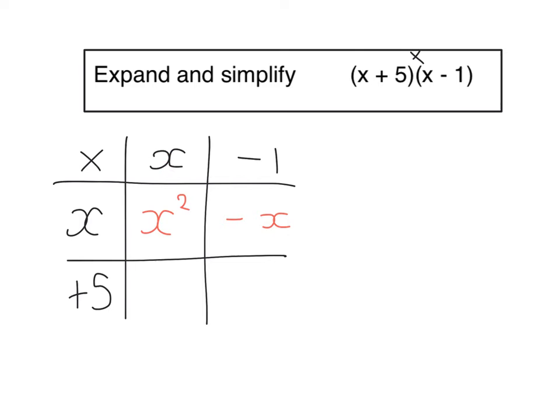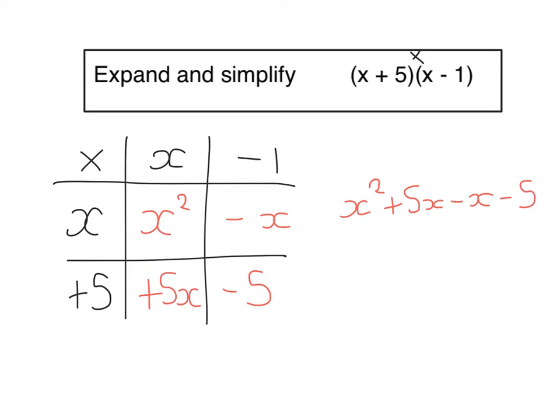Positive 5 times x is positive 5x. And then positive 5 times negative 1. Well, positive 5 times 1 is 5. 5 times negative 1 is going to be negative 5. So let's write them all out. X squared plus 5x minus x minus 5.